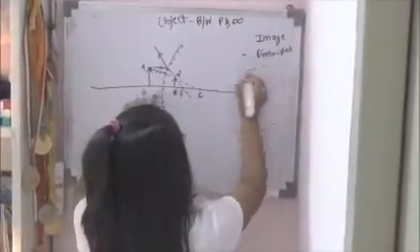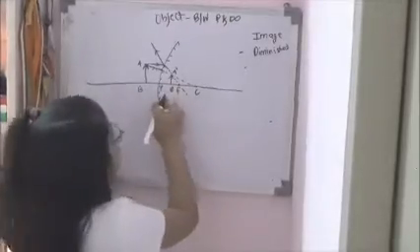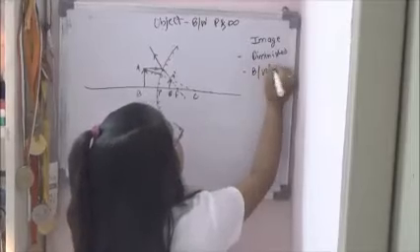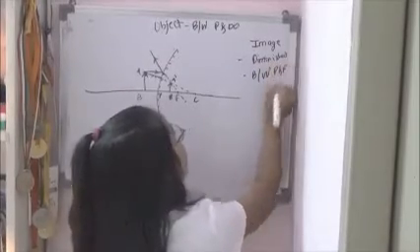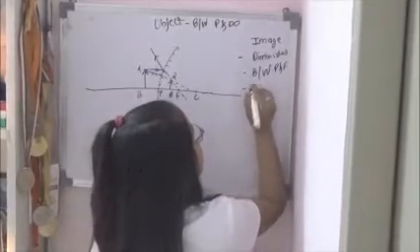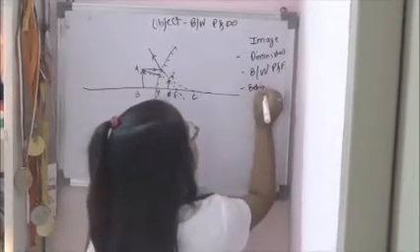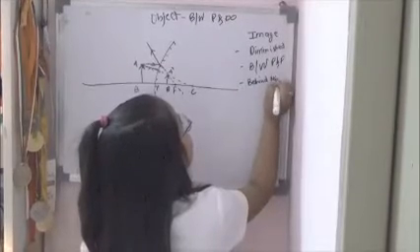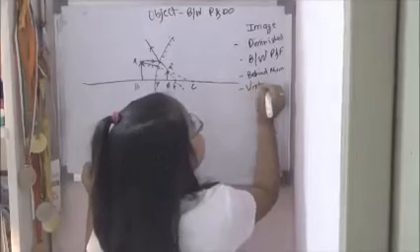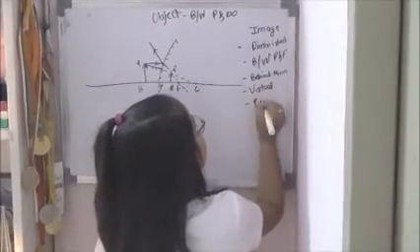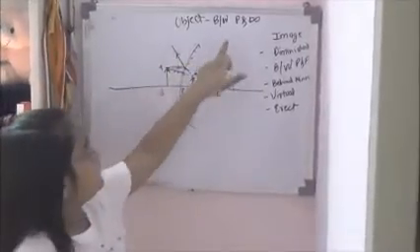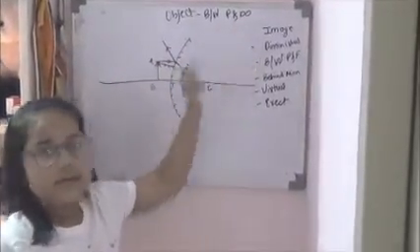If we notice, the image is formed between P and F. And of course, because it is virtual, it is formed behind the mirror. And the image is virtual and erect. So this is when the object is placed between P, the pole, and infinity.